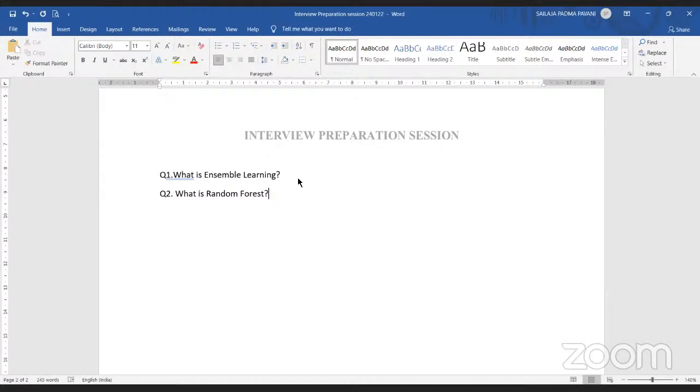How will it work, guys? How does random forest work? Actually, it works by averaging several decision trees at different parts of the same training set.